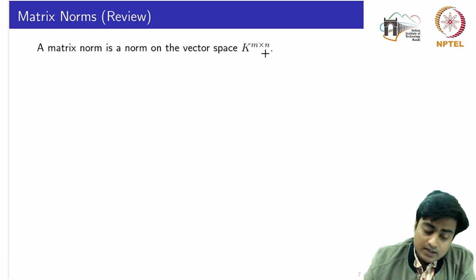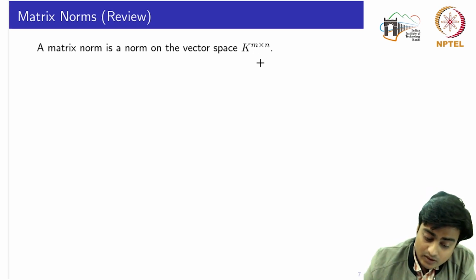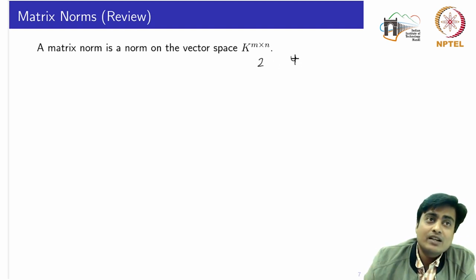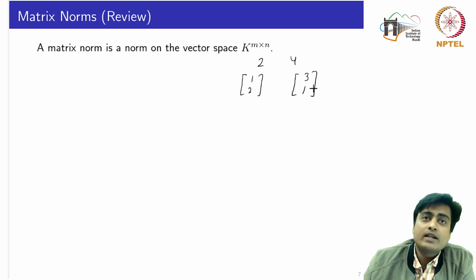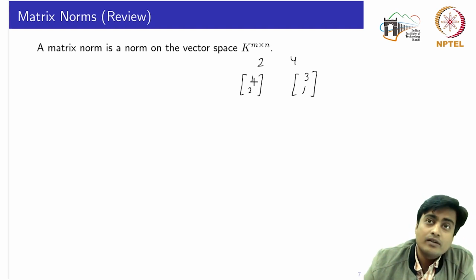for comparison purposes. Say for example, if some scalar values are given to us, let's say 2 and 4, we know that the number 4 is greater than number 2 or vice versa, right? But if a vector is given to you, in the sense of 1 2 or 3 1, these vectors could be representations of many things. Let's say if you talk about the size of the human body, the first element could be the width and the second element could be the height.